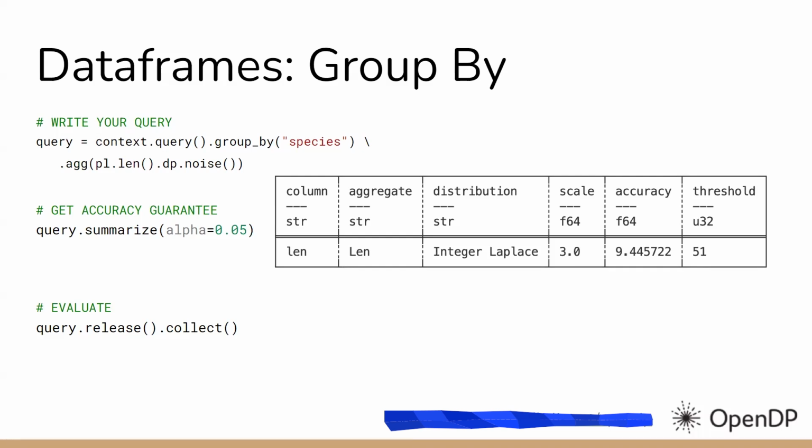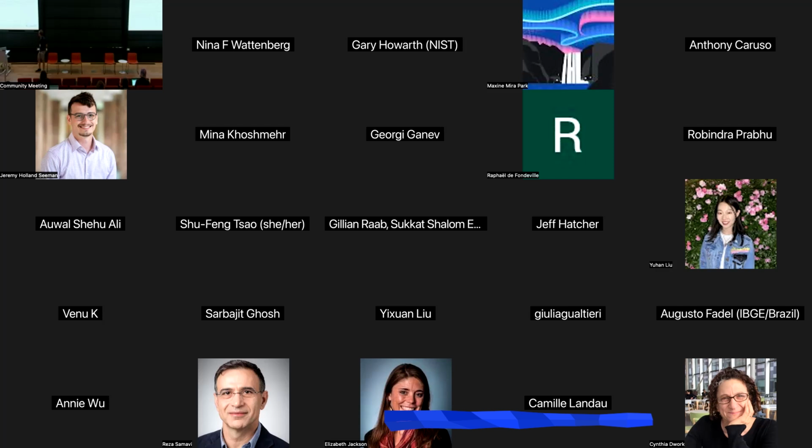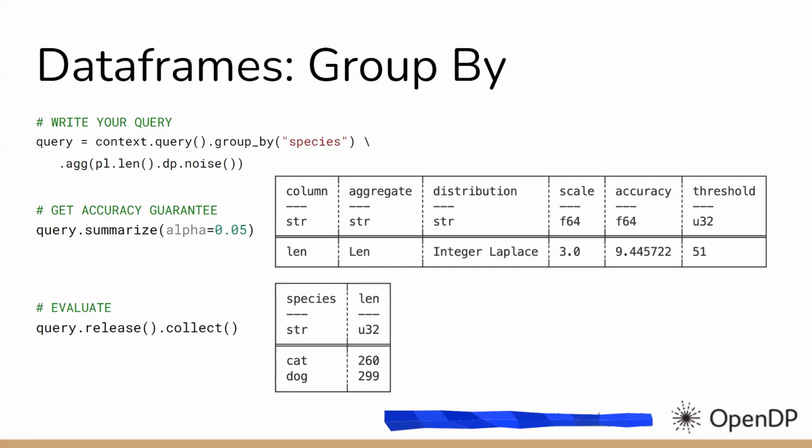And the way we determine that is the counts need to be greater than some threshold of 51. So our little data frame is getting a little bit bigger now. We have releases for the counts for cats and dogs, and any other kind of pet didn't have high enough frequencies to make it to the final release.